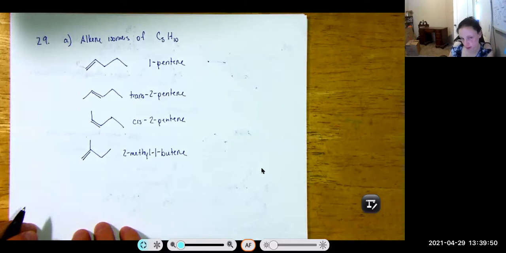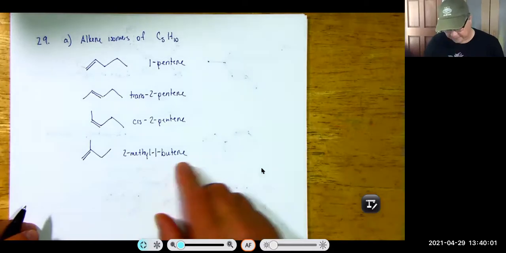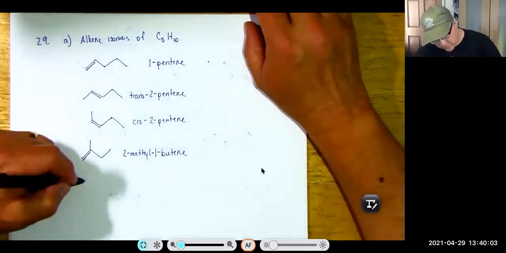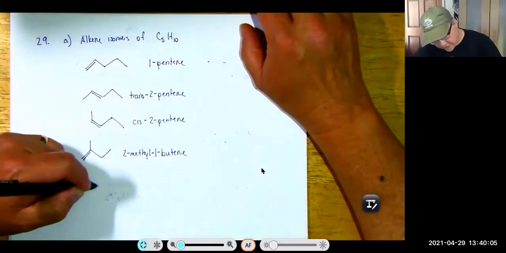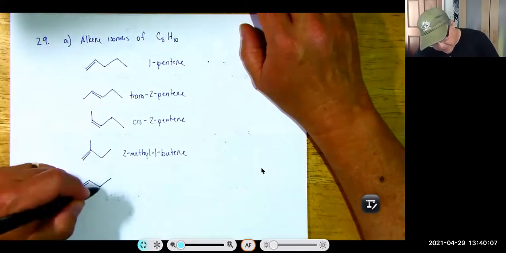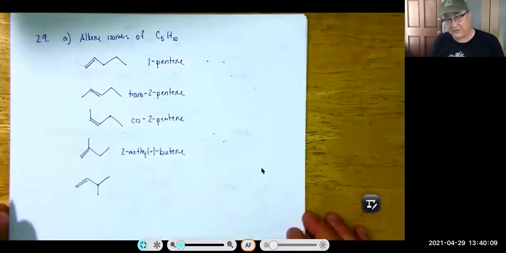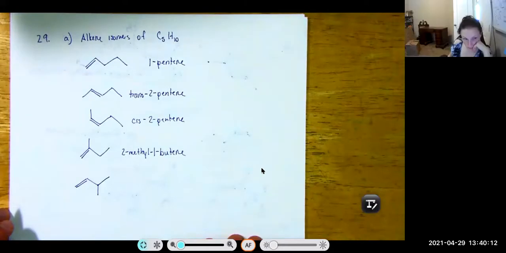Oh, the branches go first when naming, because butene is referring to the parent. So yeah, 2-methyl. And what else could I do here? Could I put the methyl group here and have a different molecule? Well, let's name it and find out.